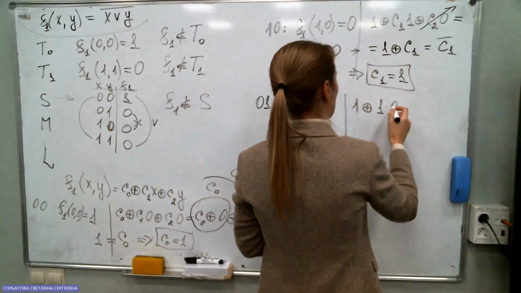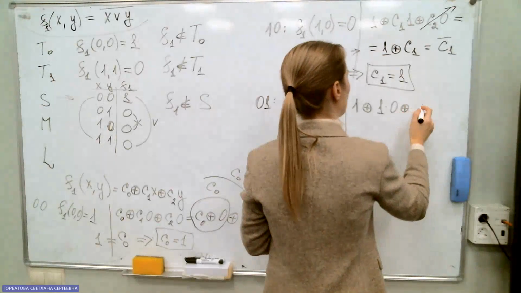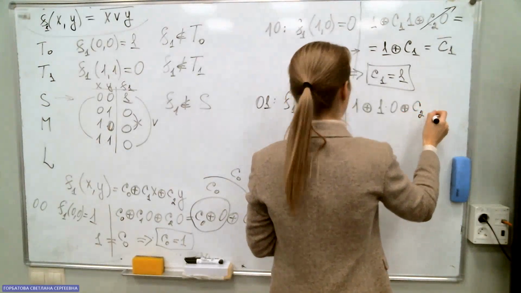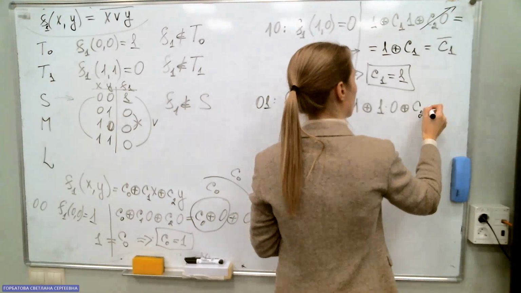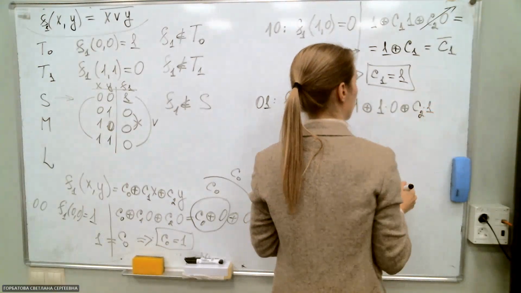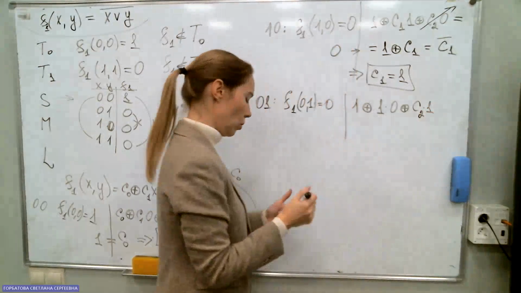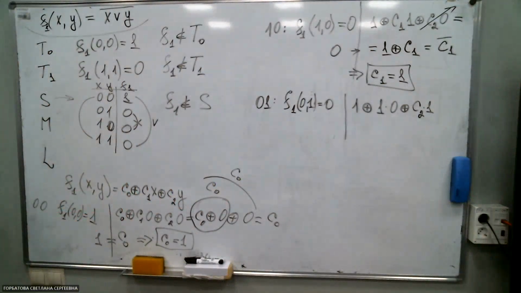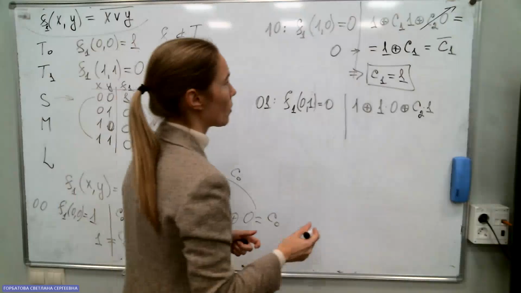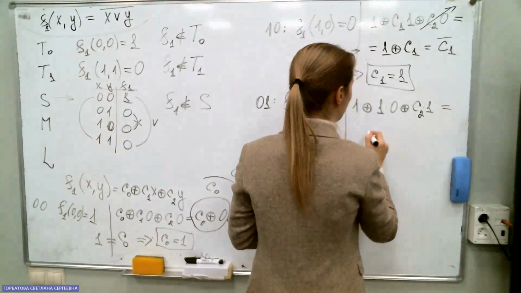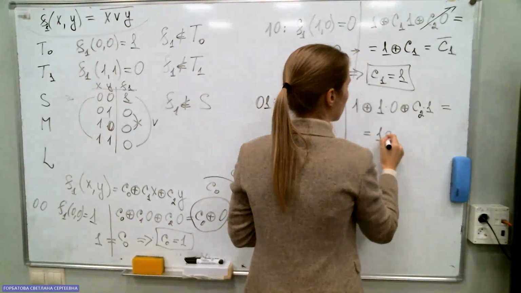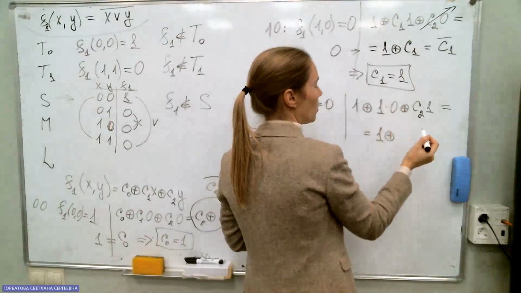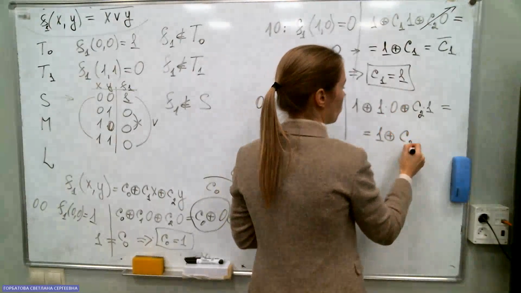Okay, so C1 0 plus modulo 2 C2 conjunction 1, C2 conjunction 1 equals to 1 plus modulo 2. This is 0, disappeared, C2.